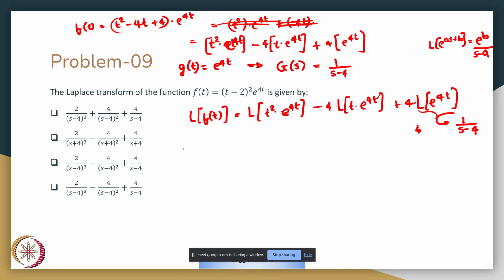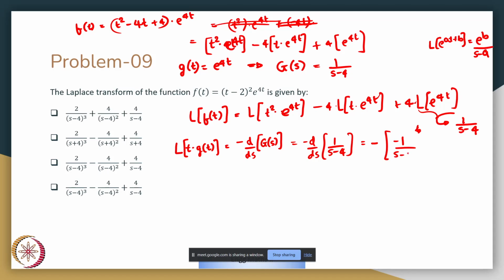Now by the multiplication rule that we have seen earlier, the Laplace transform of t times g of t is nothing but negative the first derivative of G of s, which is negative first derivative of 1 upon s minus 4, which is minus 1 by (s minus 4) whole square into the derivative of s minus 4, which is 1. So this whole thing becomes 1 upon (s minus 4) whole square.